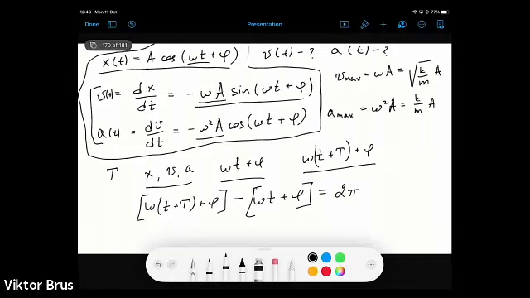So it just came back to the initial state with the same values for displacement, velocity, and acceleration. So from here, we can write that omega times T is equal to 2 pi, and it is easy to see that the period is equal to 2 pi divided by omega, the angular velocity.